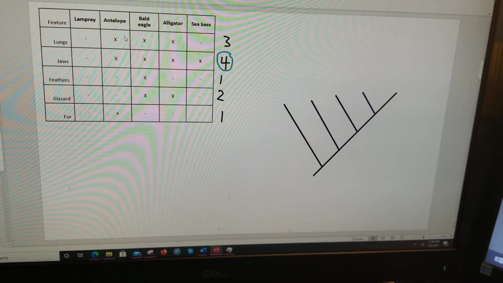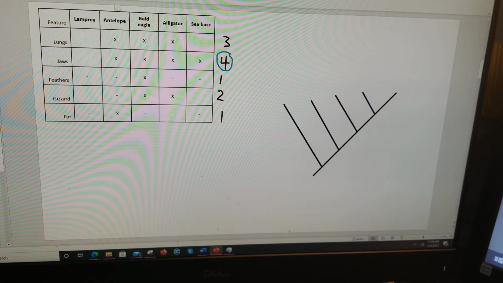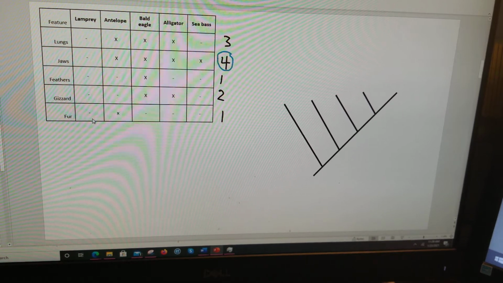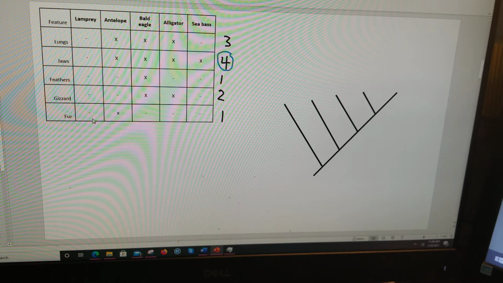Now if you notice, the lamprey has none of the derived features that we're looking at specifically. These derived features are not found in the lamprey, which does not mean or indicate that it is not related to the others. It is only indicating that the lamprey has an older common ancestor than these organisms that it is being compared to here.